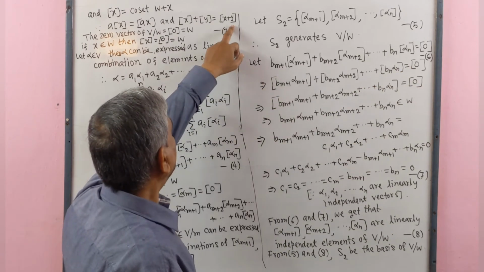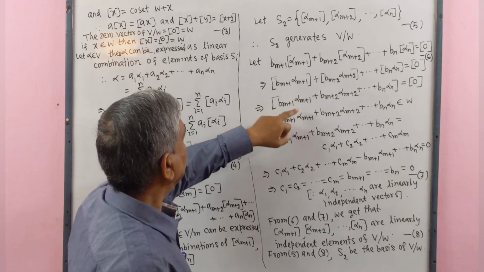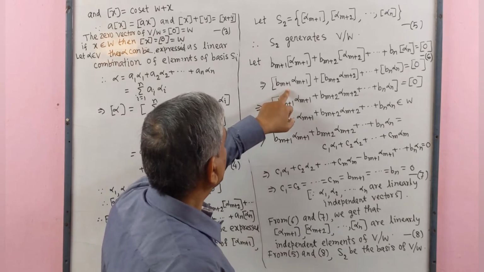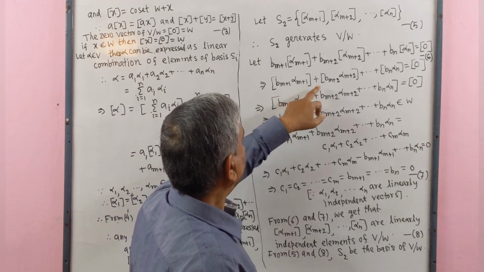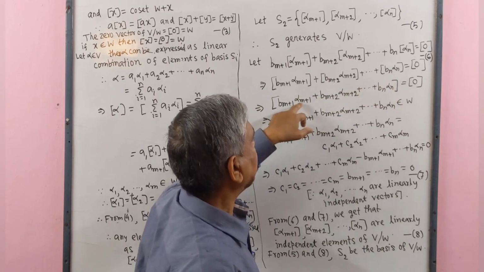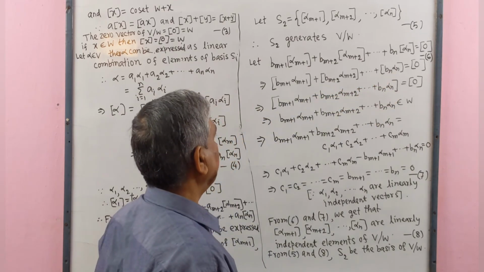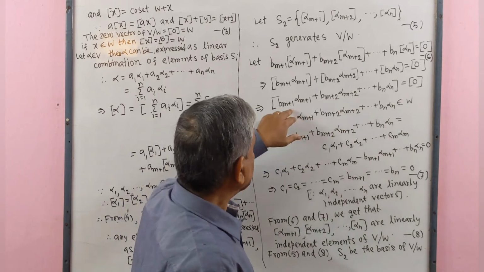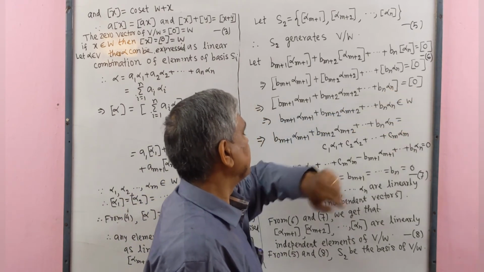And from 3, this equals, we add this plus this and we make a class on the left side. This class equals 0 class.